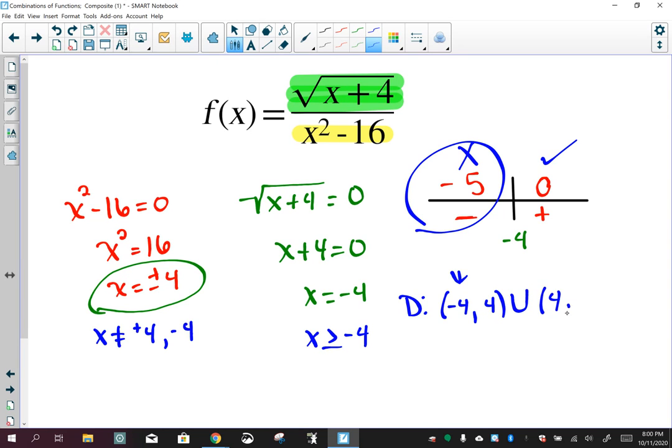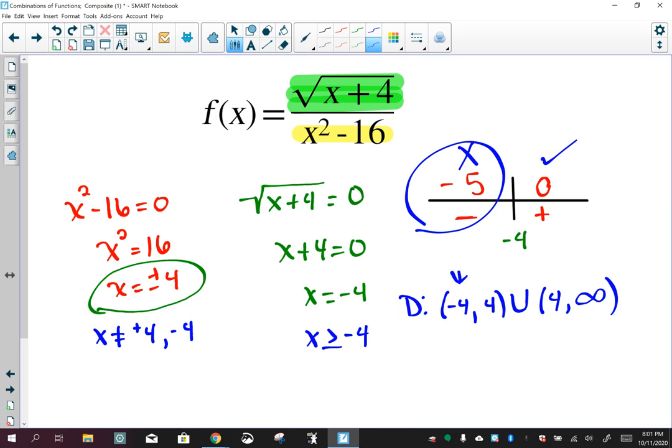So starting at 4, I'm going to run off to positive infinity so I can have anything up in that direction. So when you have a square root in either top or bottom, you more than likely will not go from negative infinity to positive infinity. You're going to have an actual starting and or stopping point. So you just have to pay attention to that.